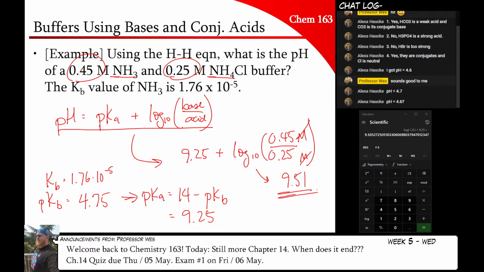All right. Now, resist the urge to throw this equation around everywhere because remember, it only works for buffers. Nothing on the test that you're going to do on Friday is a buffer. In fact, I'm not even putting the Henderson-Hasselbalch equation on your exam. So don't fall for the sneaky tricks and resist the urge to just throw this around everywhere. This only works for buffers.